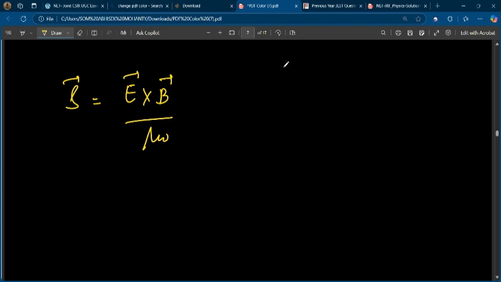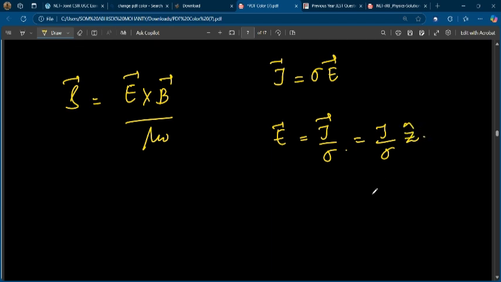From the vector form of Ohm's law, J is equal to sigma E, so E vector is equal to J by sigma. Very easy. And J is along Z cap, so electric field will also be along Z cap, so J by sigma Z cap.